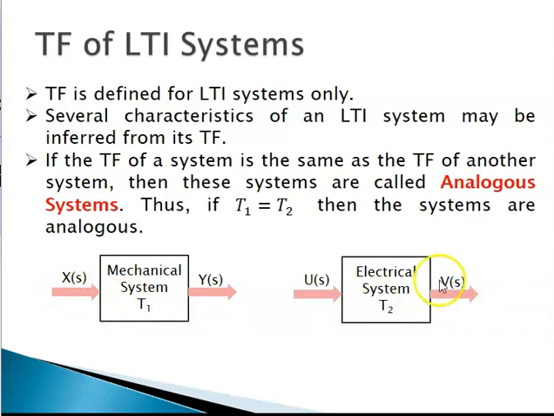Similarly, you take the ratio of V(s) over U(s) and call it the transfer function T2, of course with initial conditions 0. Thus, if T1 is equal to T2, then this mechanical system and this electrical system are said to be analogous. We'll try to see about this electromechanical analogy in a subsequent video.